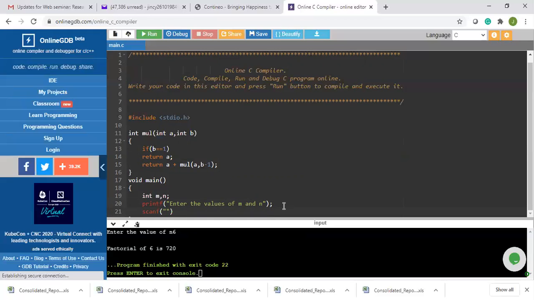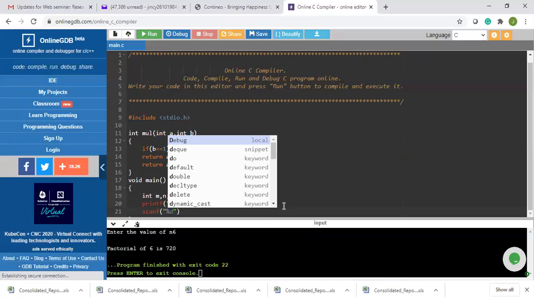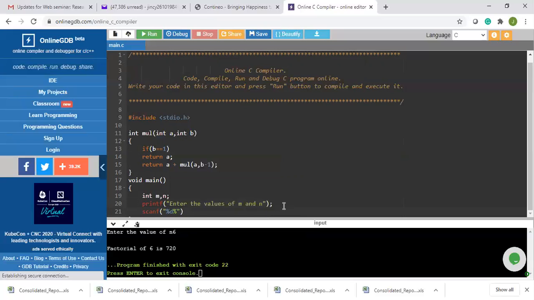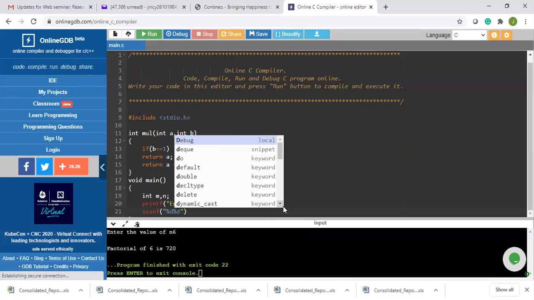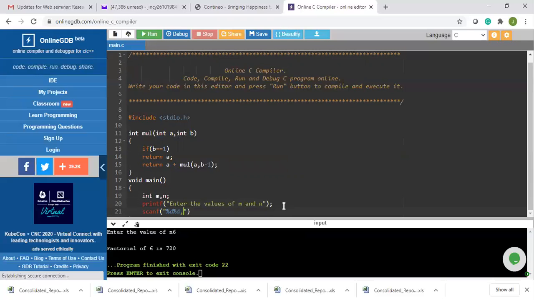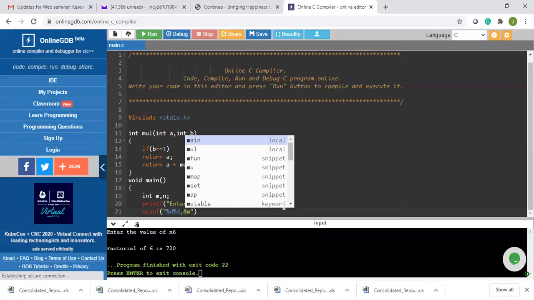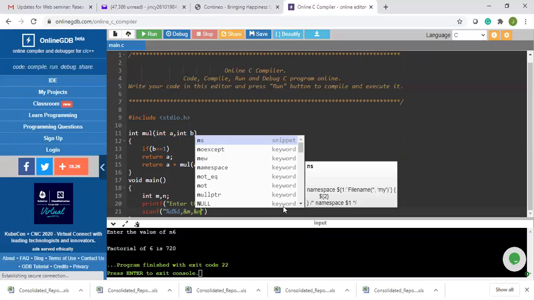As it is integer, percentage %d, ampersand m, ampersand n.